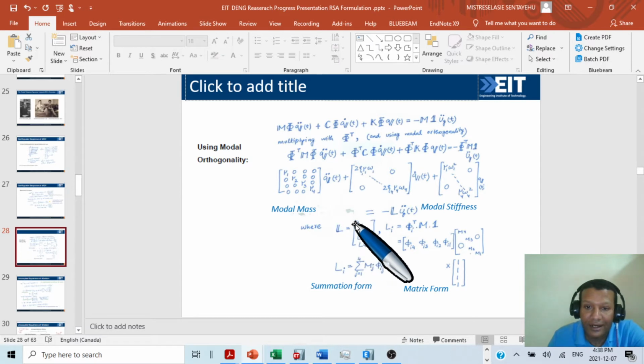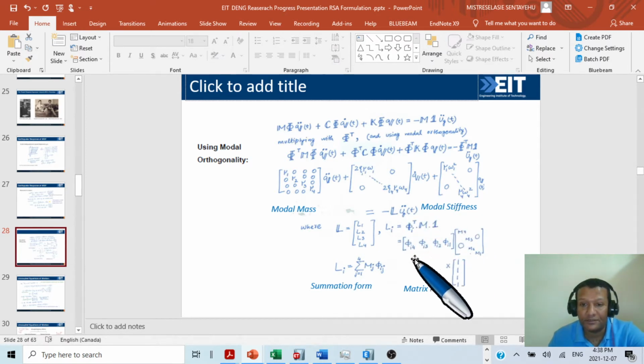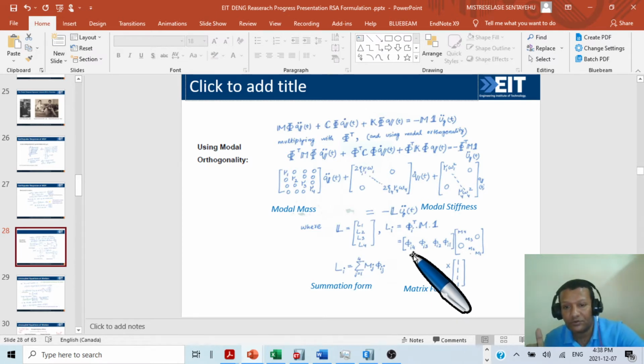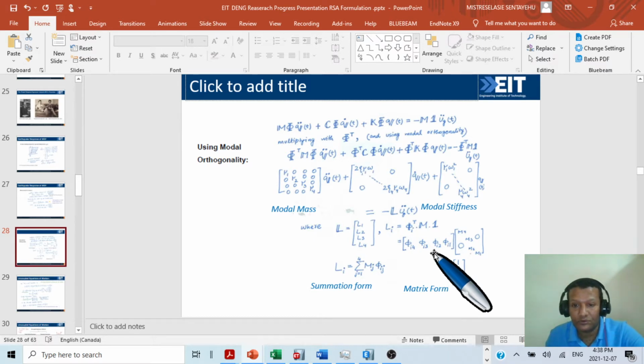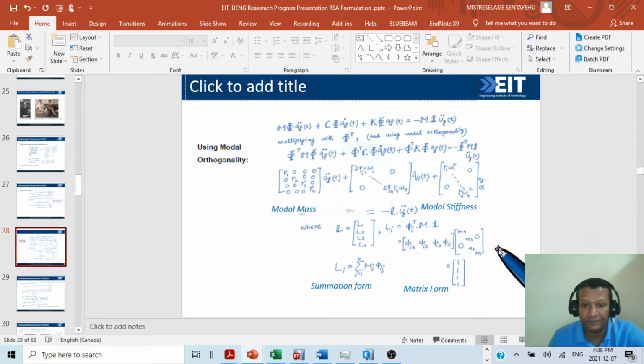So where L again is, because we have 4, L1, L2, L3, L4. So if you want to find L1, for example, for mode 1, we take the fourth floor, third floor, second floor, and first floor, and we transpose the mode shape, and we multiply with the mass matrix, and we multiply it with 1s, because we have 1 degree of freedom.